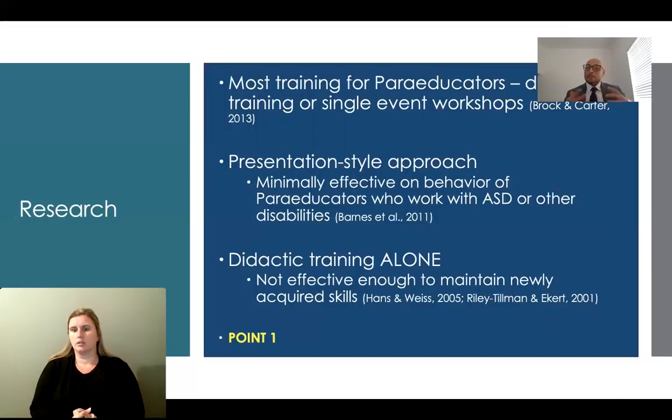So basically our first point at this point in the presentation is that our peer educators, who in some cases work with the most challenging cases, are receiving training that is not effective, are receiving training that does not relate to their classroom practices.